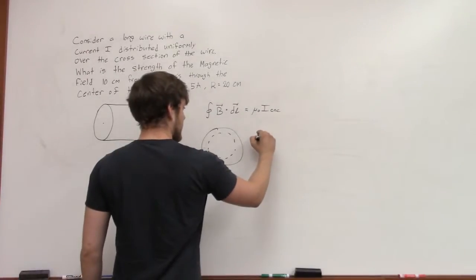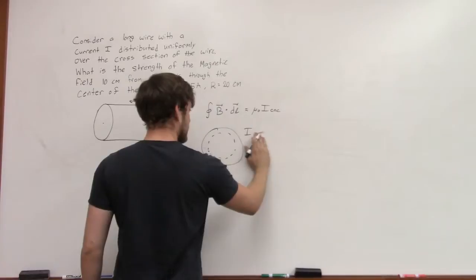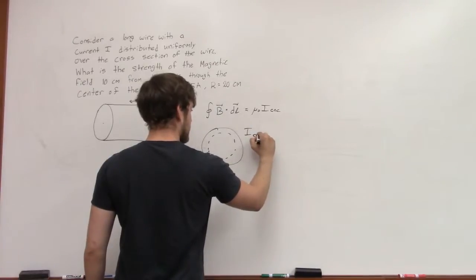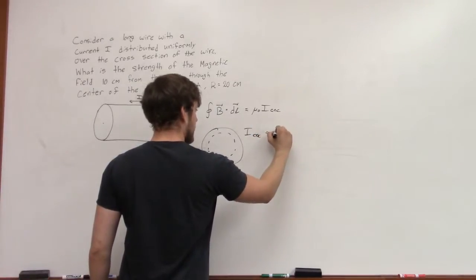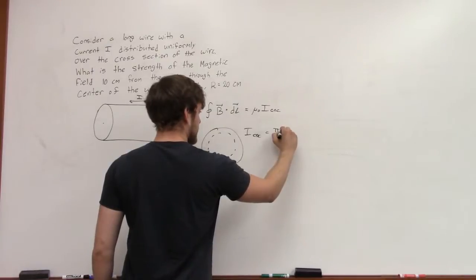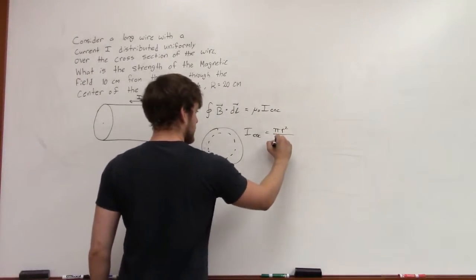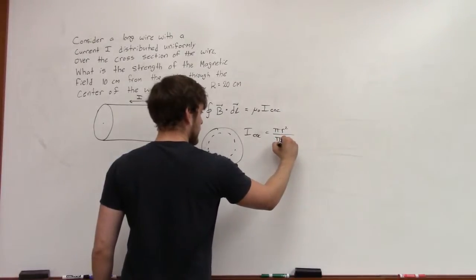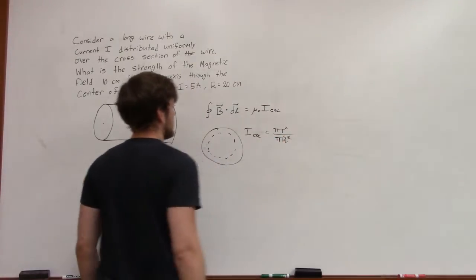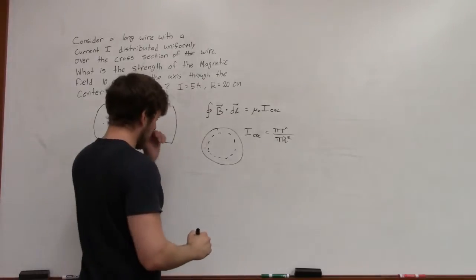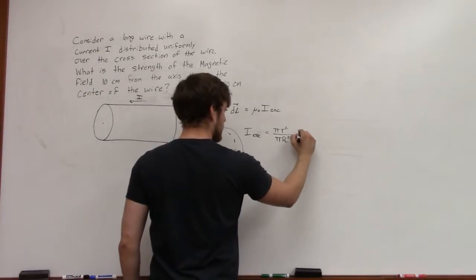So our I enclosed is going to be equal to the area of our Amperian loop, which is pi r squared, over the area of the total wire, pi big R squared for the radius of the wire, times the total current.